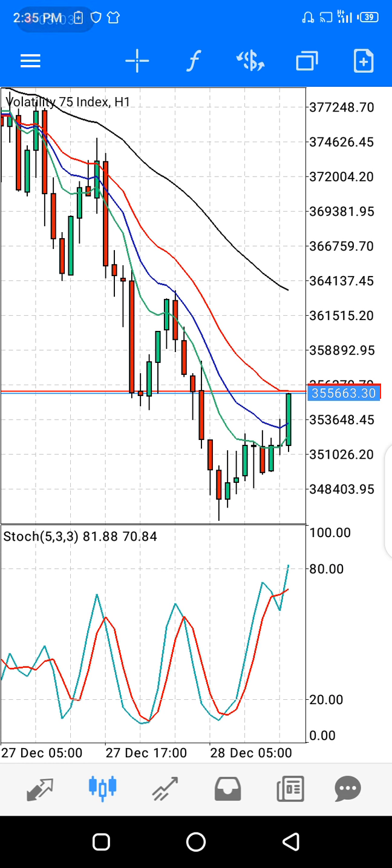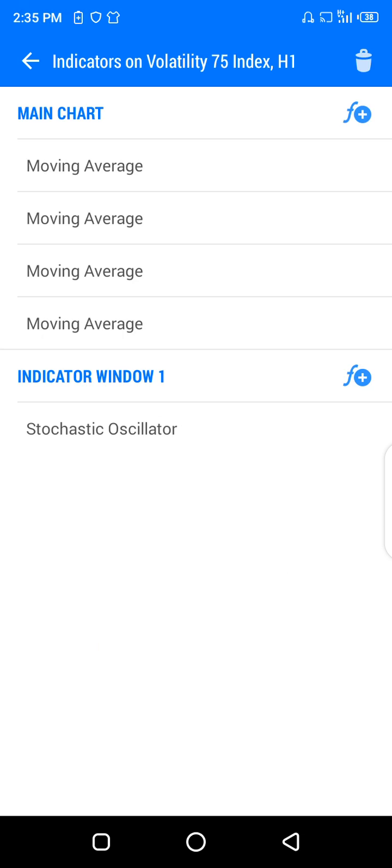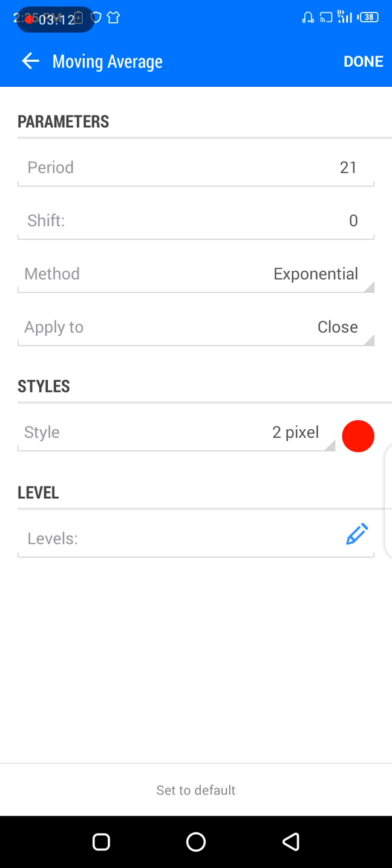We can form the indicators on it. So we go and look for the moving average. We go to the moving average. We identify the period. We have the 55, 8, and then 13.